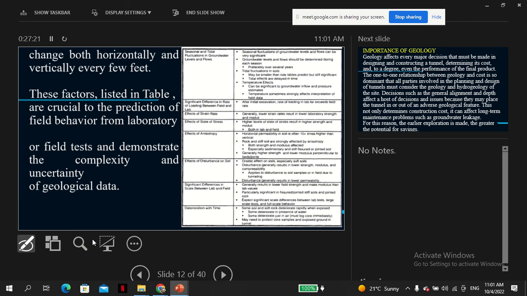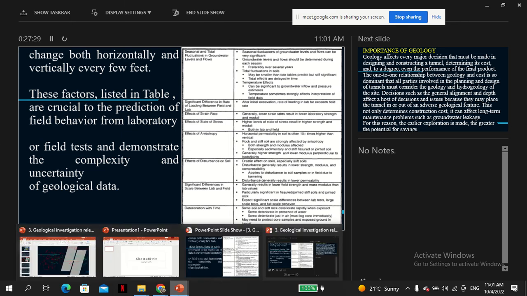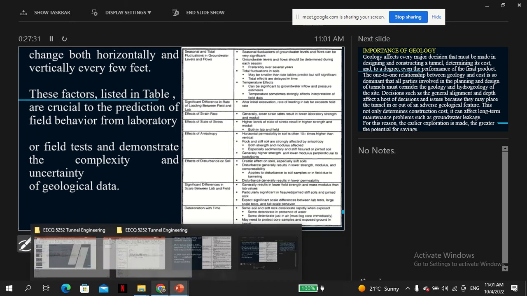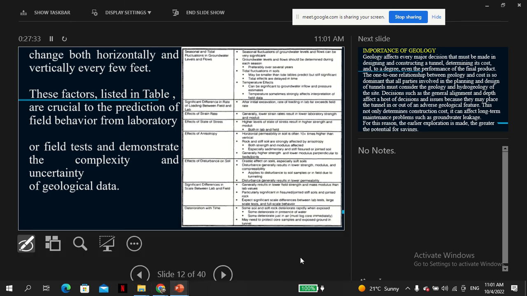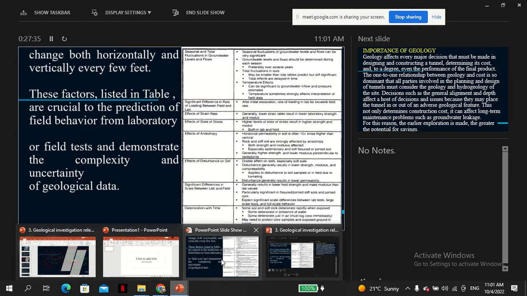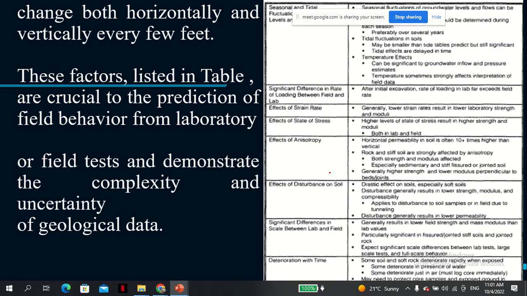The other part is that, for example, for soil, you can take a sample and the sample may very well represent the actual in situ conditions.